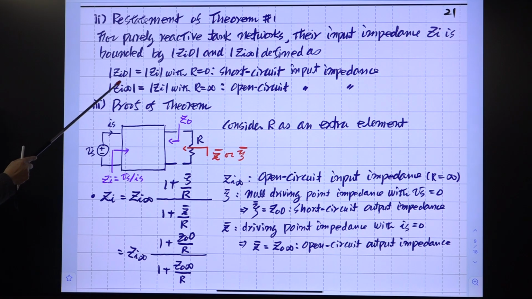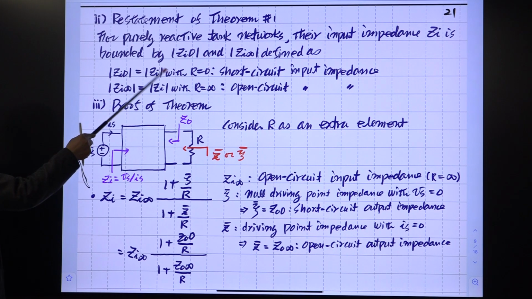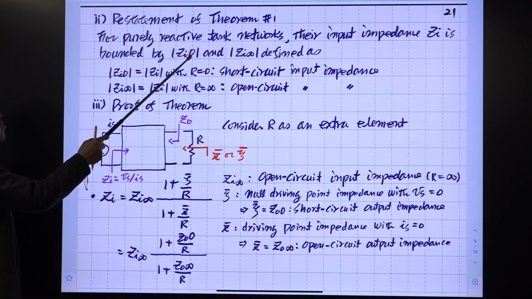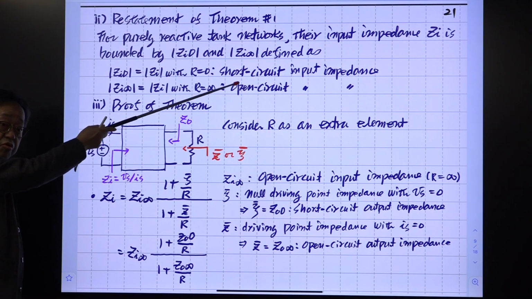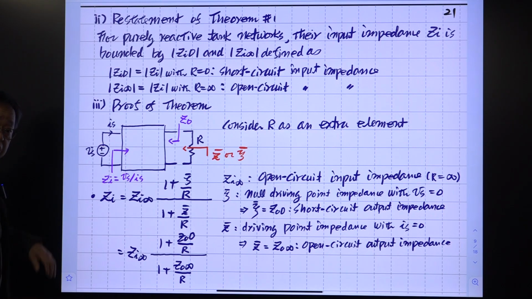GI0 is GI evaluated with R equals 0, the short circuit input impedance, and GI infinity is GI evaluated with load resistance of infinity, the open circuit impedance. These are the two extreme conditions. All the input impedances are bounded by these two curves. You understand this, and we'll go back to that part later.